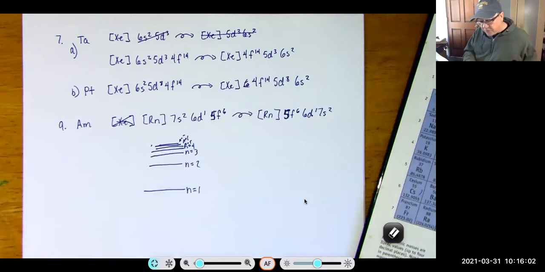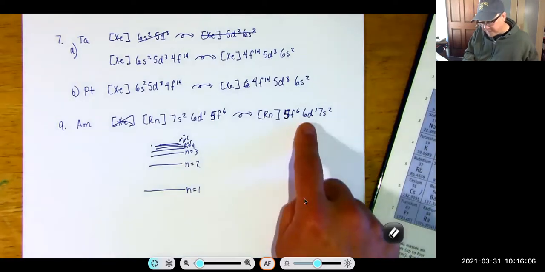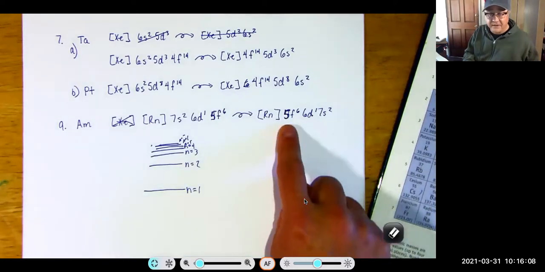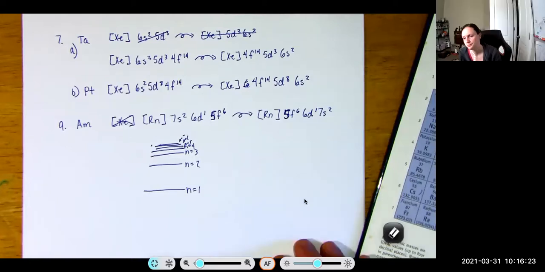Okay, now this is one where I could easily see the 6d1 becoming an f and this becoming a 5f7. And the reason for that is if it were a 5f7, that would be a very symmetrical orbital. And you don't really need the 6d1. The book has 5f7, 7s2. Right.